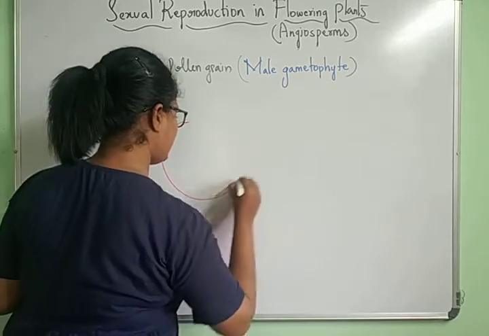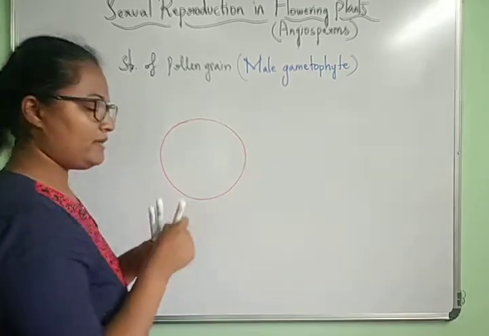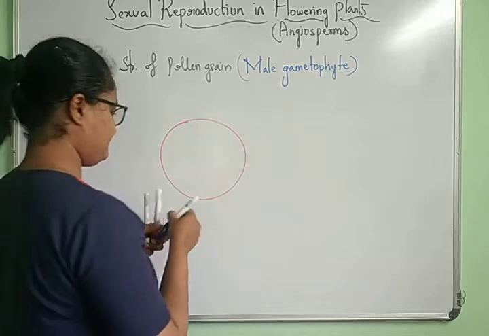We'll draw the structure now. The pollen grain structure is made up of two walls.